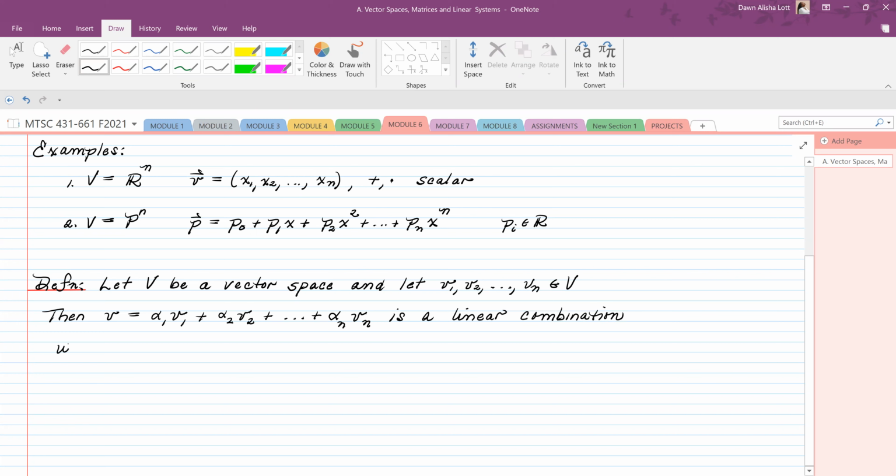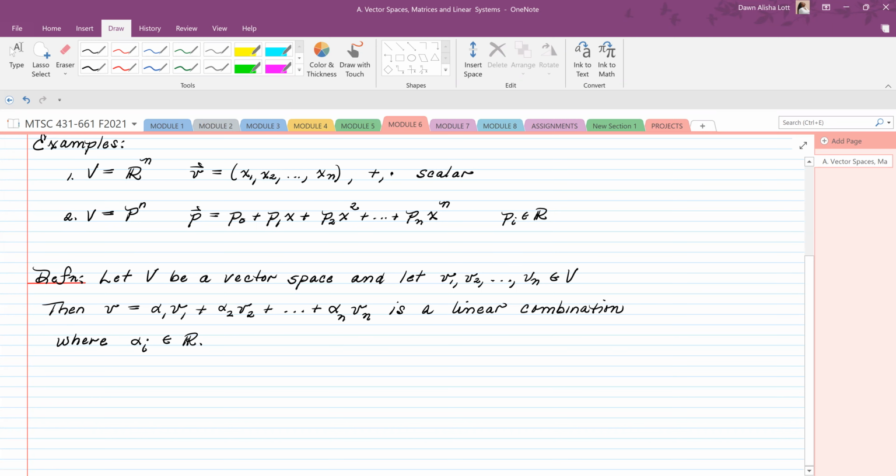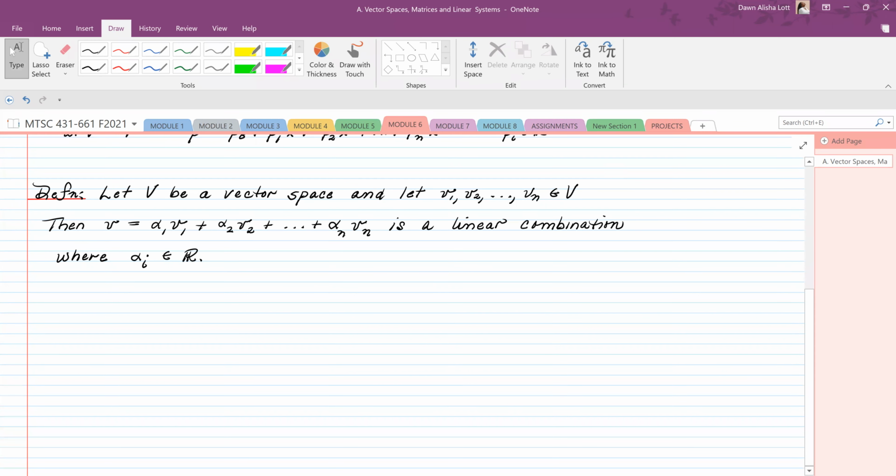Okay, where the alpha i's are all real numbers. So that's a linear combination of the vectors in V.